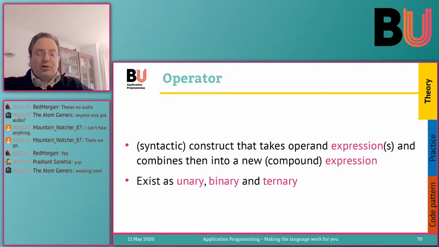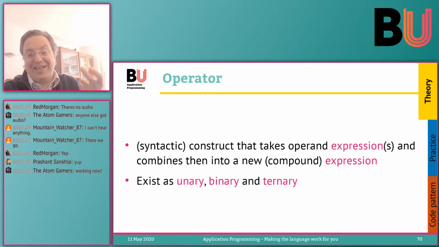Both expressions are evaluated, and then you combine them into a result, and that becomes a new expression or a new value. An expression is a piece of code that has a value as a result. So a function call is effectively also kind of like an expression, although you don't often call it an expression. But yes, in Kotlin overloading, you can override the invoke method on an object, and that makes your object behave like it has a function call operator. So you can call a function on it, even if it's an object rather than a function.